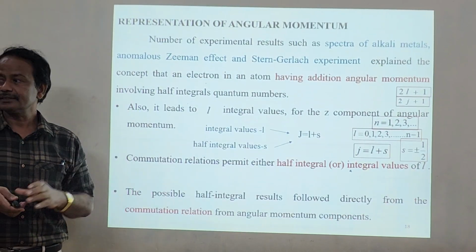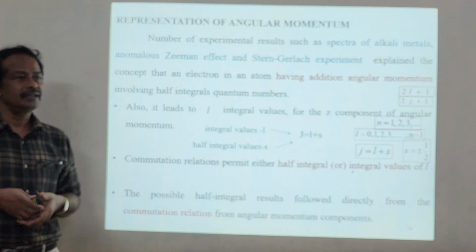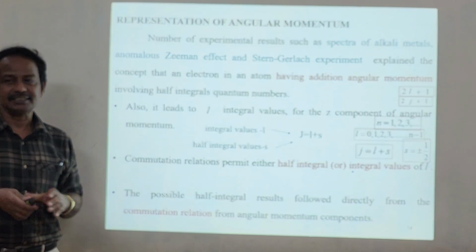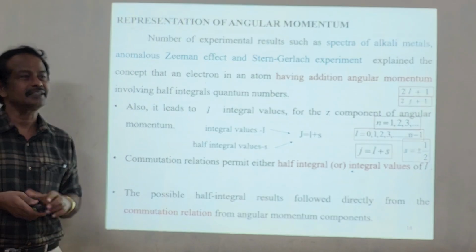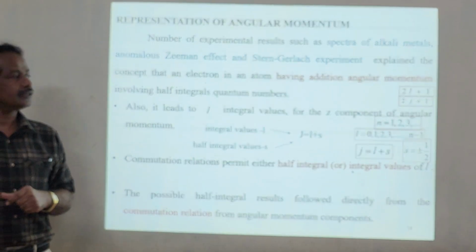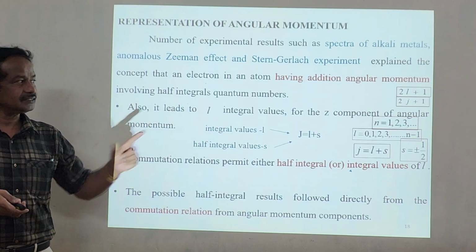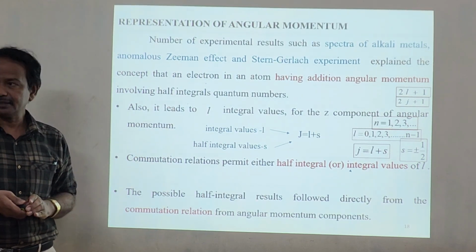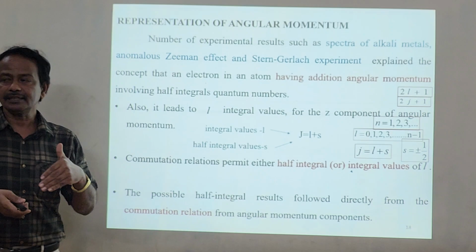In the last class, we discussed about L. L was an integer, integral numbers starting from 0. So L goes from 0, 1, 2, 3, up to n minus 1, where n stands for the principal quantum number.